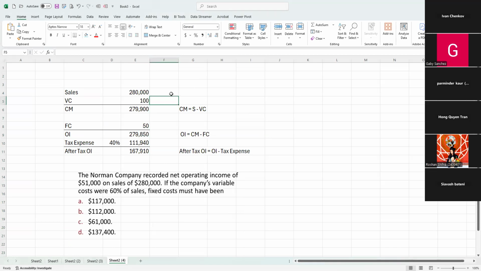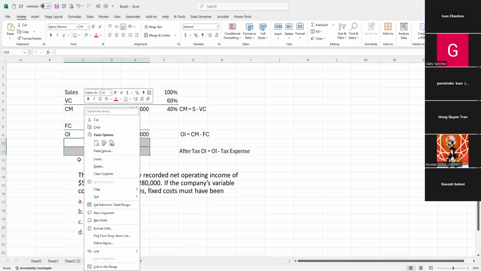My variable cost, I know this is 100%, right? And I know my contribution margin percentage is equal to my sales percentage minus the variable cost percentage, those two. So what else I know? I know my variable cost percentage is 60%. Correct? Yes. I don't know this. Taxes, we don't need taxes here. So we can get rid of the taxes for the purpose of this calculation.